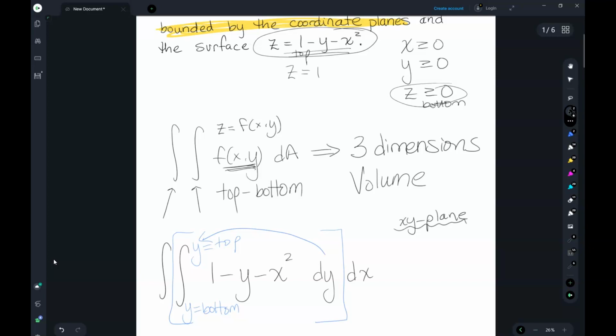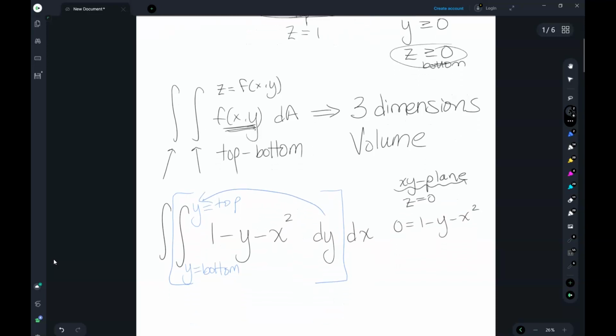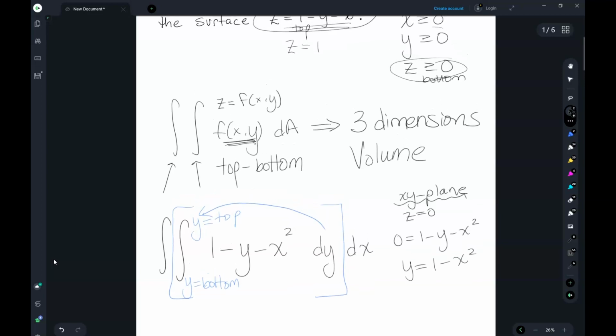To figure out what's going on in the xy plane, we let z equals 0 in the equation for our surface. So we would have 0 equals 1 minus y minus x squared. If we solve that for y by adding it over, we have y equals 1 minus x squared. Well, we were told to use y equals 0 as the lower bound, and what we've just found here is our upper bound.